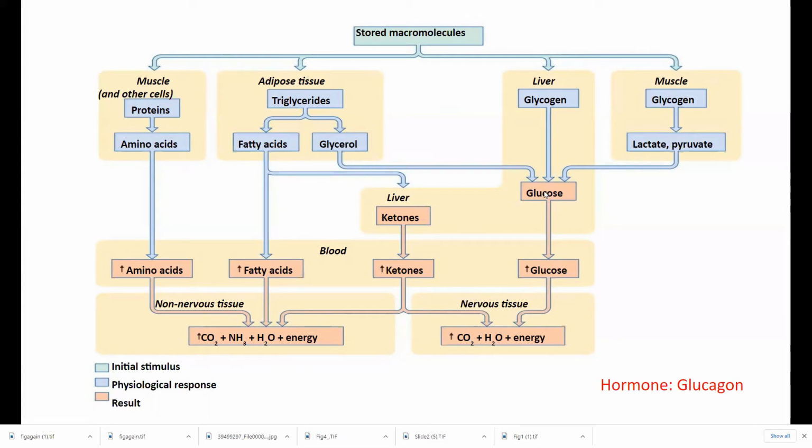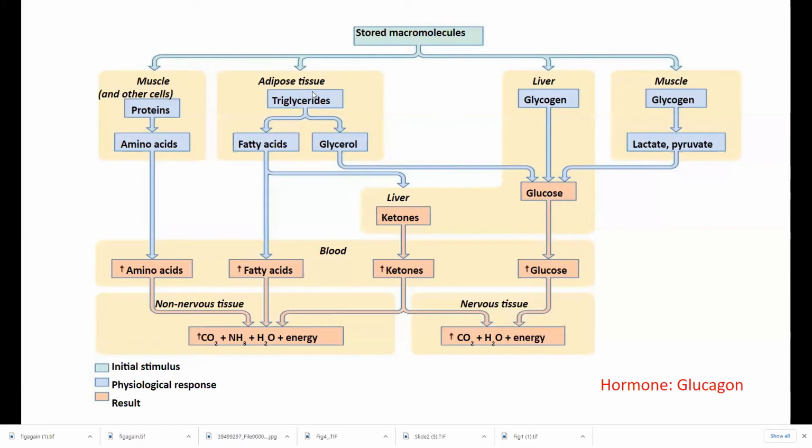And largely that glucose is coming from breaking down glycogen in the liver and muscle. So we can break down those bonds between glucose molecules, and feed them to our nervous tissue in the form of glucose. And we can also make new glucose. So we talked about gluconeogenesis way back when. So we will also partially be making new glucose.